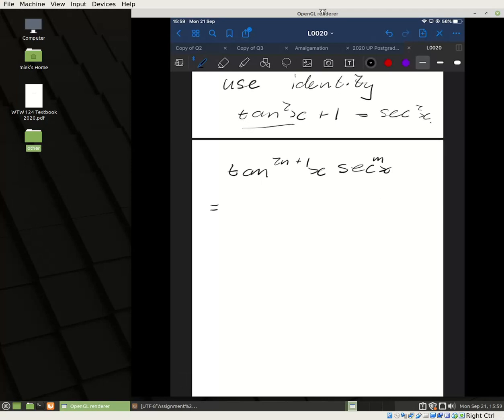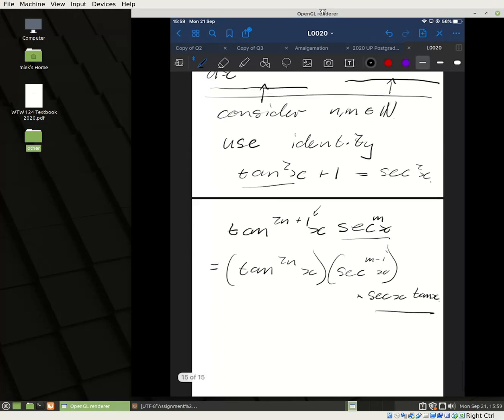Let us take out one of these secs and one of these tans, and write it like so: tan to the 2n x, sec to the m minus 1 x, and sec x tan x.